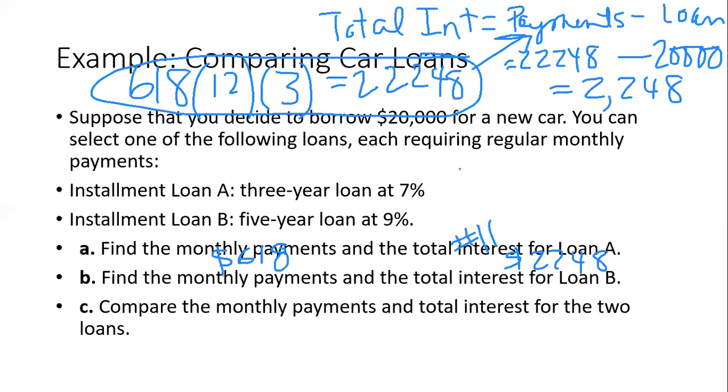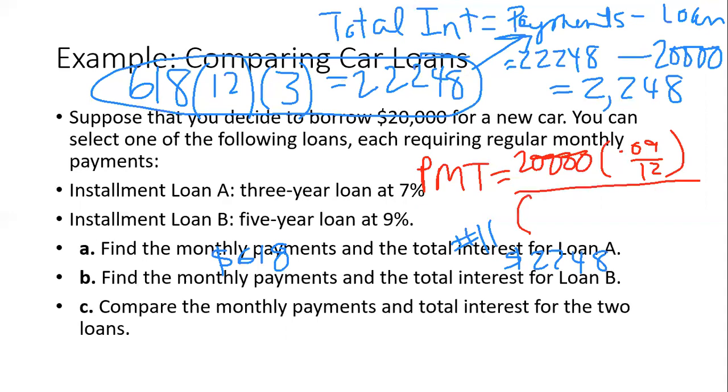So for loan B, payment equals P, 20,000, times the R over N over bracket 1 minus parenthesis 1 plus R over N, all to the negative N times T. Well, now T has changed to 5 years. So 5 times 12 is 60.